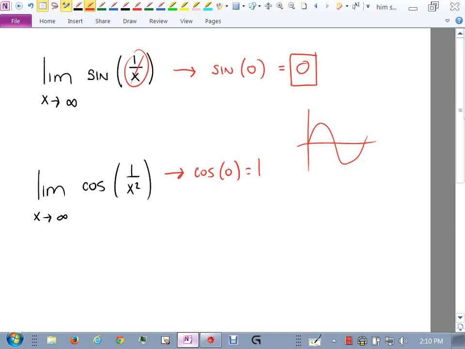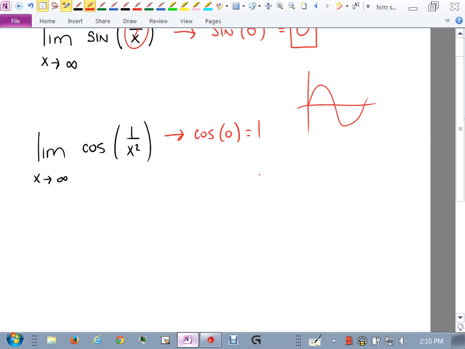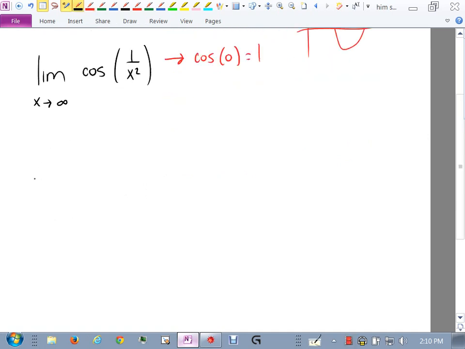How about the limit as x goes to 0, and I mean 0, of sine x over x. Drum roll. What? 1. Yeah, that's the one everyone's supposed to know from last class. Remember? That's 1, right?